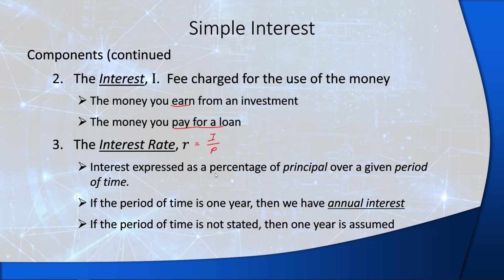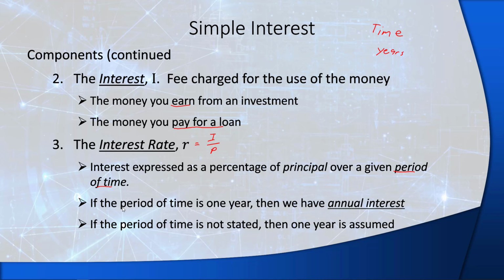It is often expressed as a percentage and is given over a period of time. And as a consequence, time is the 4th major component. Time is typically expressed in years. If you do not have a time value in years, you will need to convert it into years.